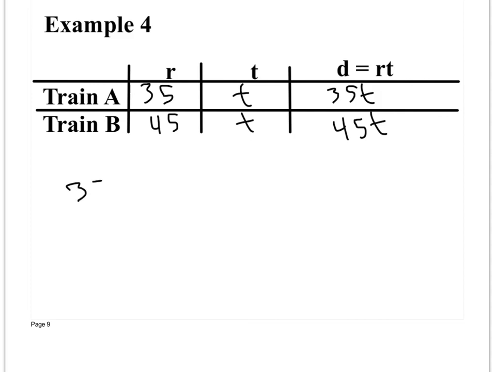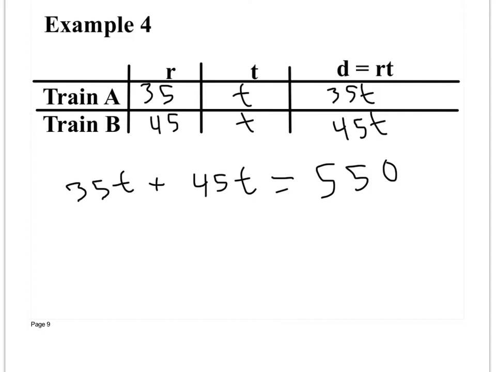Train A is traveling at 35 miles an hour for T amount of time; it could be an hour, it could be 3 hours. Train B is traveling 45 miles an hour for that same amount of time. And this equals 550, because that's how far apart they are. So we need to find T when they pass.